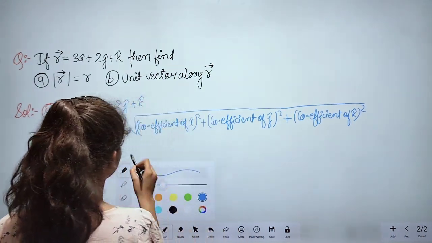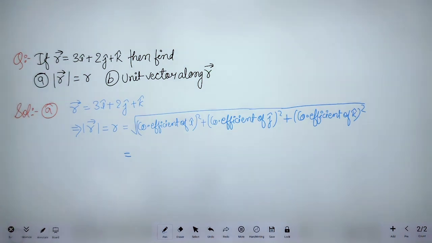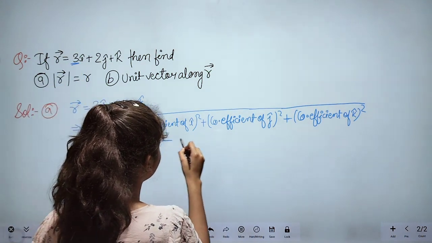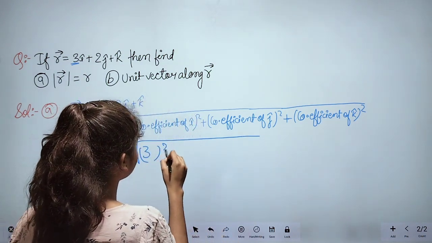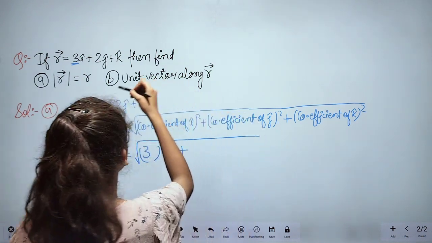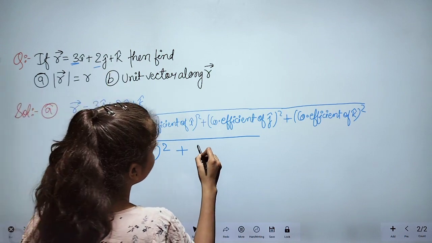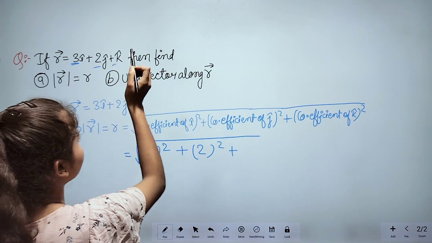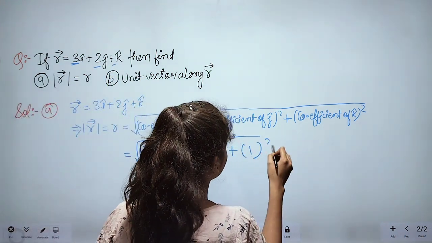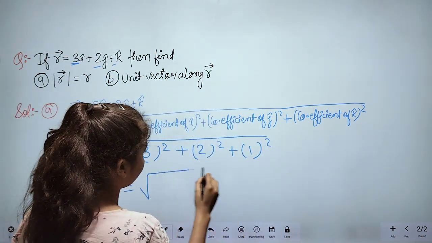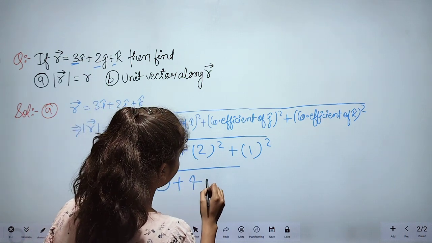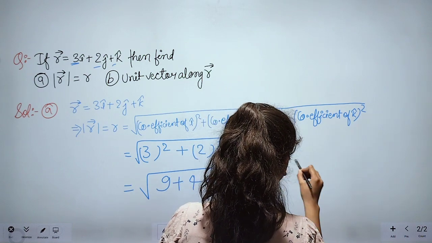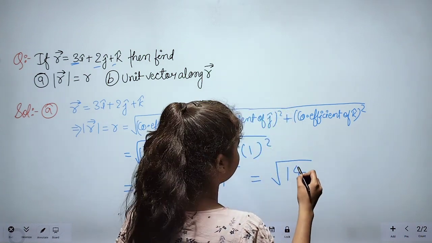Now here the coefficient of i cap is 3, so root under 3 squared plus the coefficient of j cap, which is 2, so 2 squared plus the coefficient of k cap, which is 1, squared. That is 9 plus 4 plus 1 equal to 14.